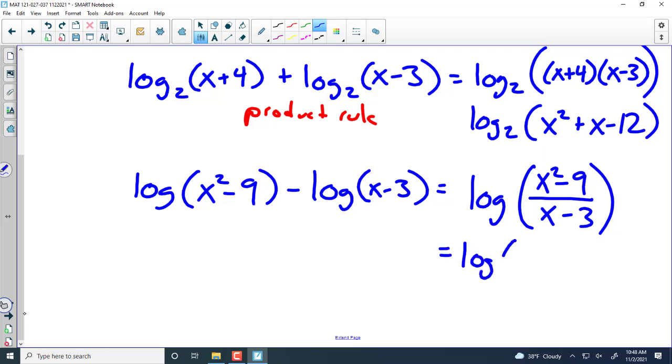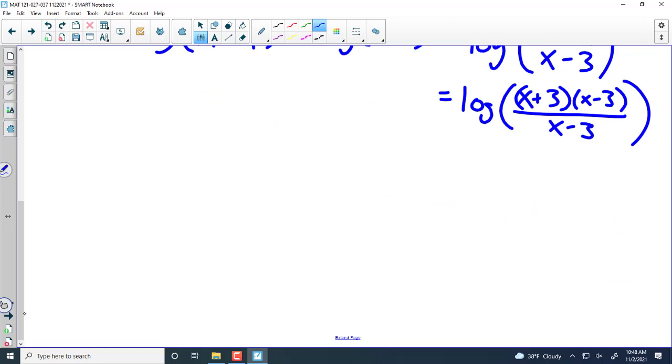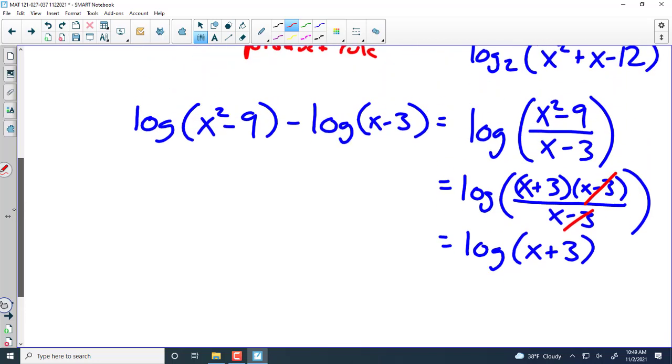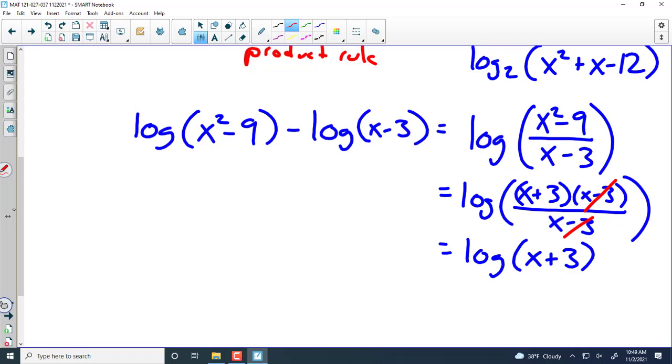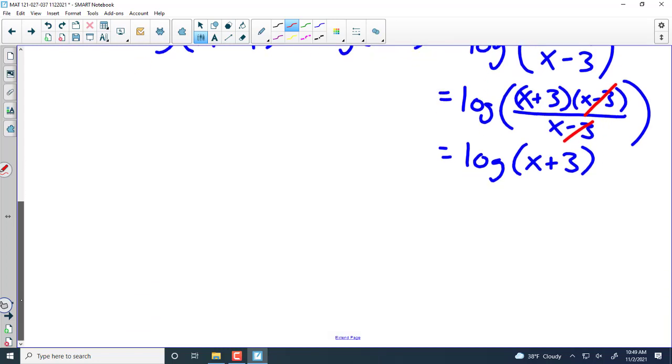So if that's x plus 3, x minus 3, does everyone see the simplification we can do? We can cancel out those x minus 3s and make this the log of x plus 3. So condensing is important.